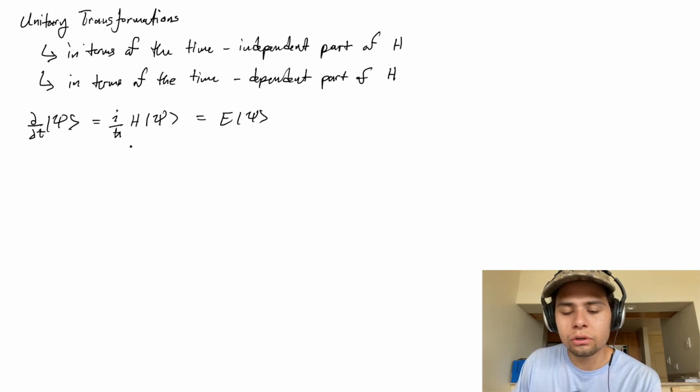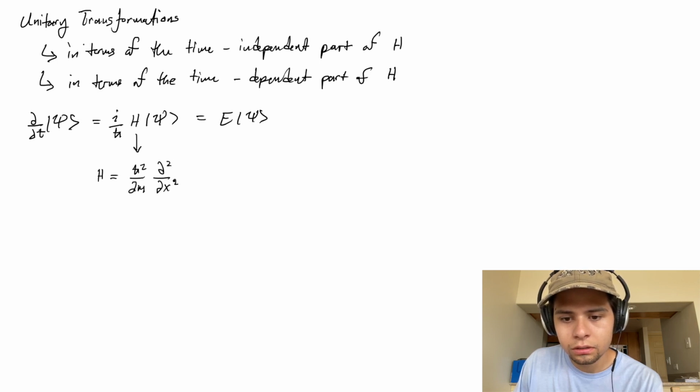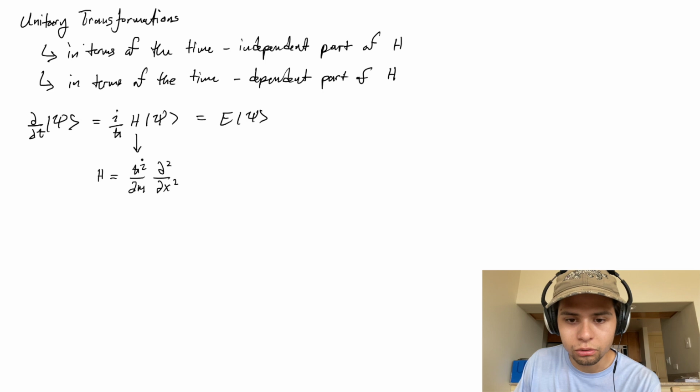The Hamiltonian here we fleshed out also. The Hamiltonian here is an operator where we have h bar squared over 2m times d dx, the double derivative with respect to x. This is the time independent part. There's no time here.